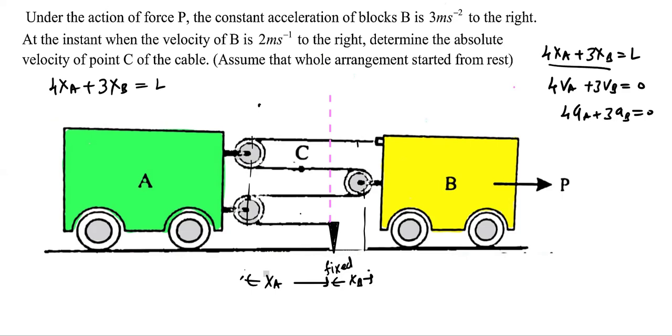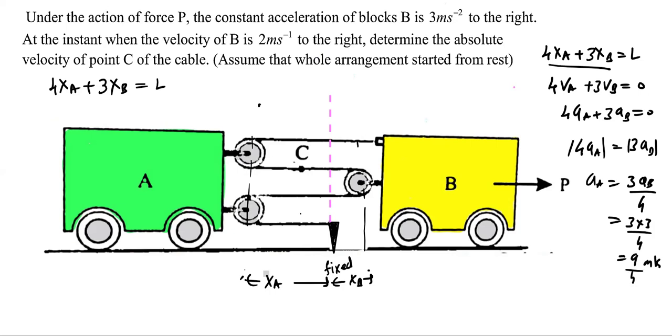Differentiating this, XA and XB are variables. So we can calculate the acceleration of block A: 3AB by 4, 3 into 3 by 4, 9 by 4 meters per second squared. This is the acceleration of block A.